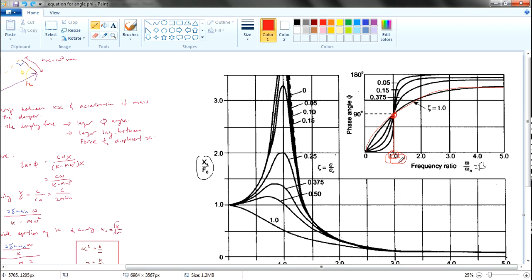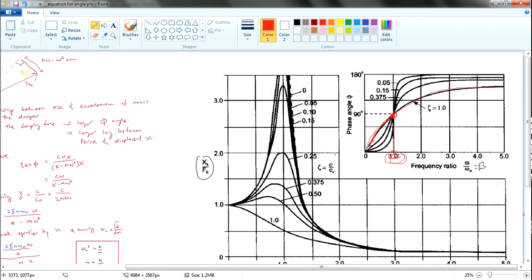So the only thing you need to know is that when you see frequency ratio is 1, that's it. Your system goes to infinity. You cannot do anything. And if your damping factor is lesser, your angle will rise very fast, will change very fast. I don't know what it means.